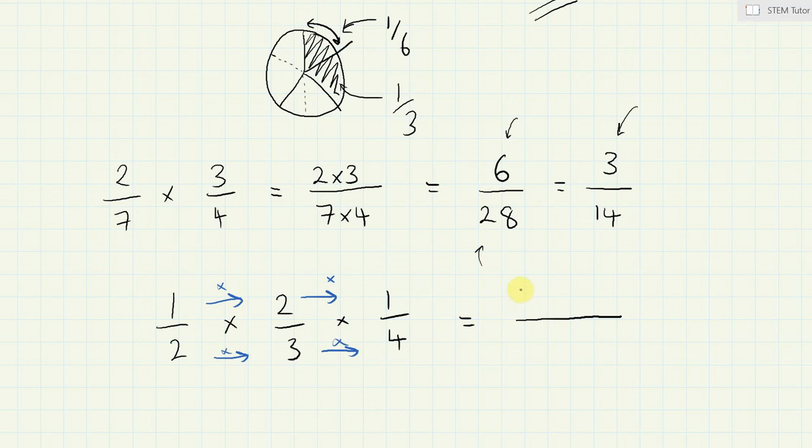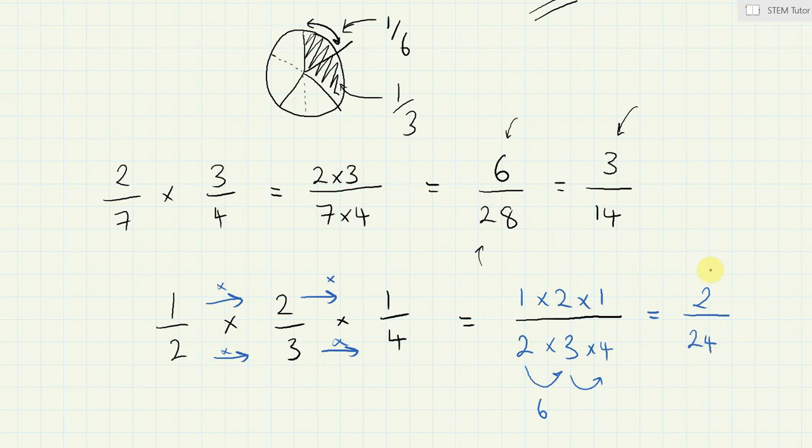So the top of the fraction will become 1 times 2 times 1. The bottom of the fraction would become 2 times 3 times 4. So the top would give us 2, and the bottom would give us, well, 2 times 3 is 6, and 6 times 4 is 24.